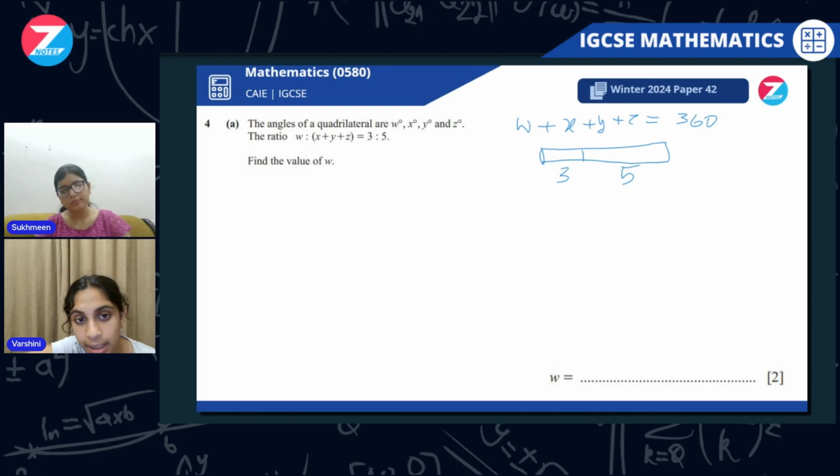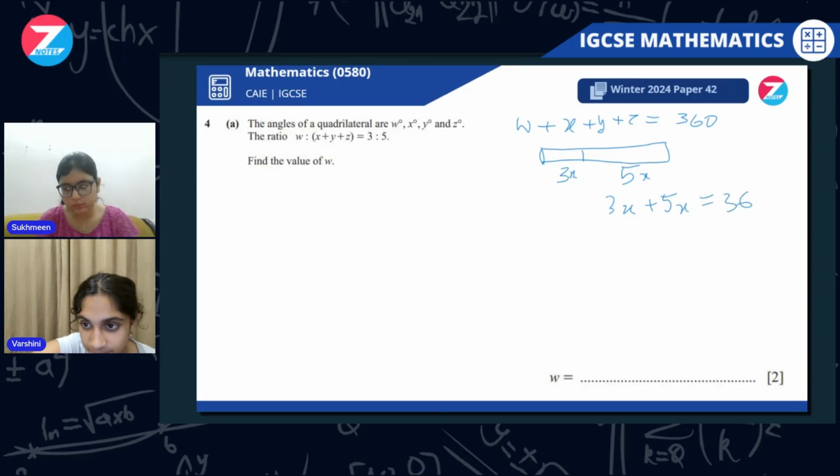And we know that for all ratios, the total of the ratio is equal to find the number this is going to be multiplied into. So we know w as a ratio is 3, so that means 3x and 5x, and we know that the sum of this will be the whole, so we know 3x plus 5x equals 360.